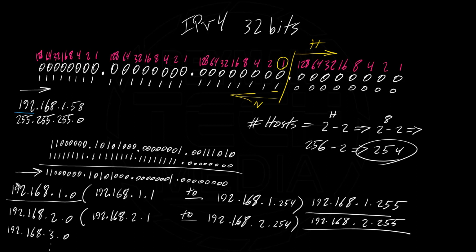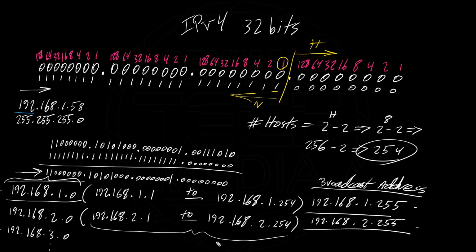So remember, all these addresses here are the network addresses, these addresses here are the broadcast addresses, and these addresses here are the available IP address ranges. So in this network, 2.0 is the network address, 2.255 is the broadcast, and in between are the available IP addresses.